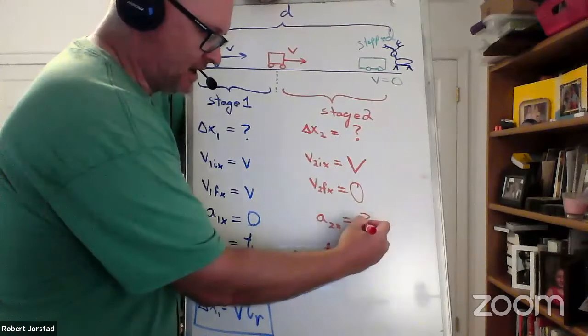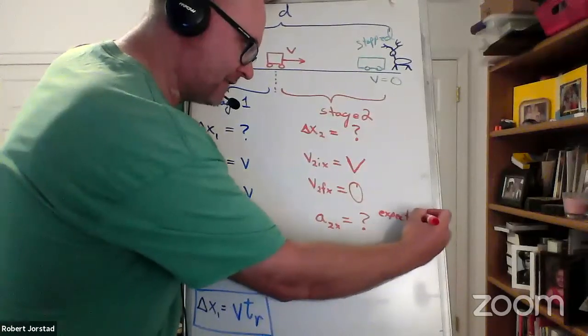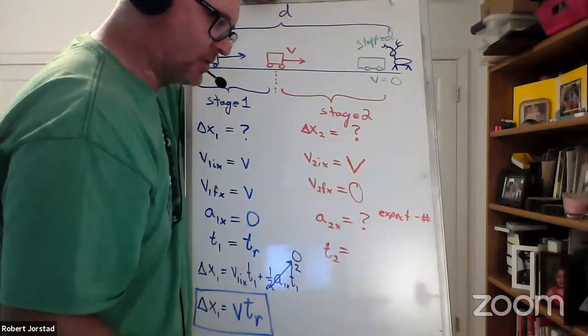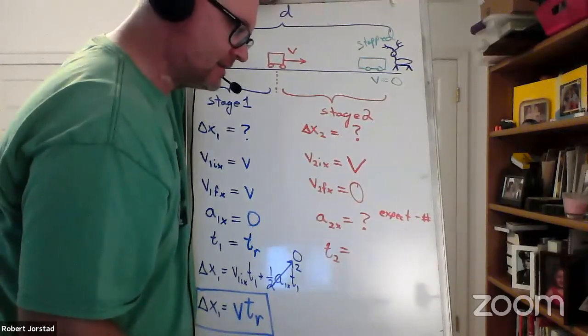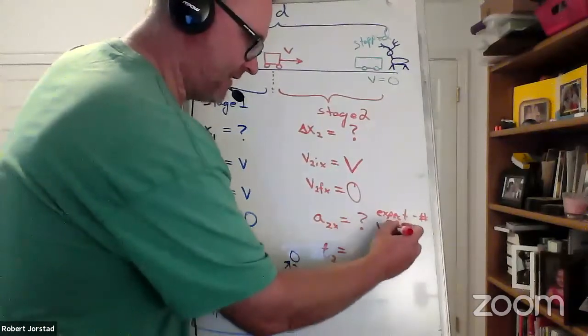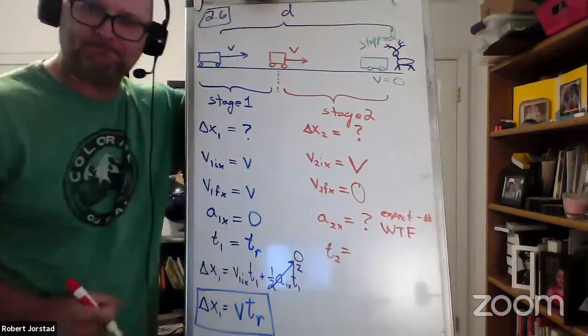We expect it to be negative because you're going from a positive velocity to 0. So it's an unknown. We expect a negative number. And I believe, is that what we're supposed to be finding? It says rate of slowing. This is WTF, what to find. Okay, so that's what we're looking for.